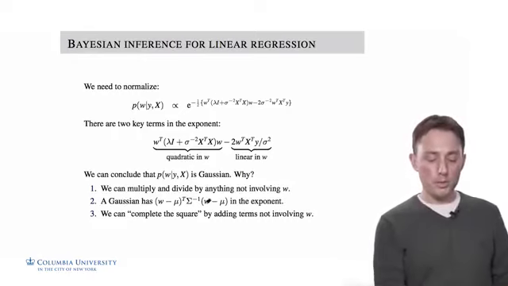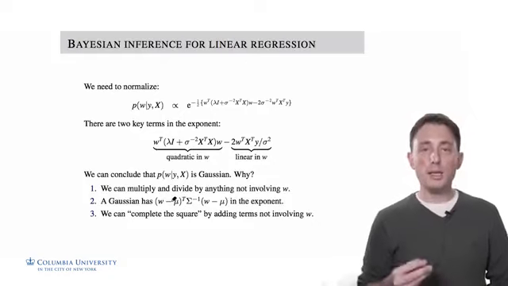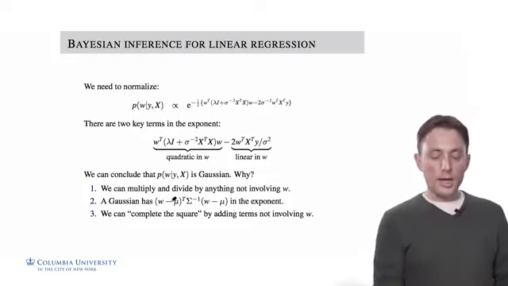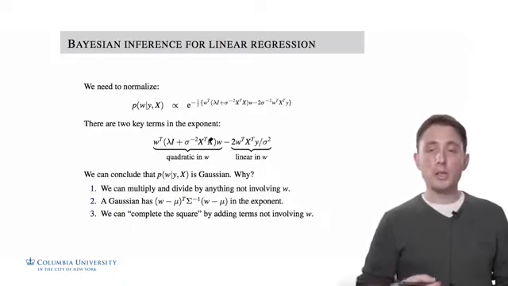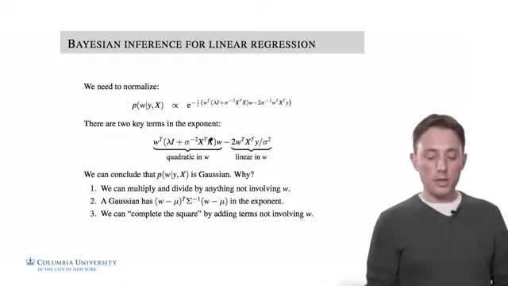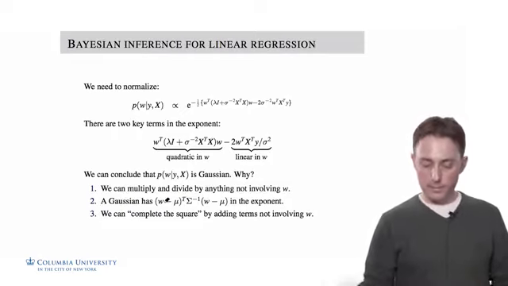We know that a Gaussian has minus 1/2 times this term in its exponent. So what we can do is complete the square by adding terms that don't involve w in order to get this quadratic written in this form.